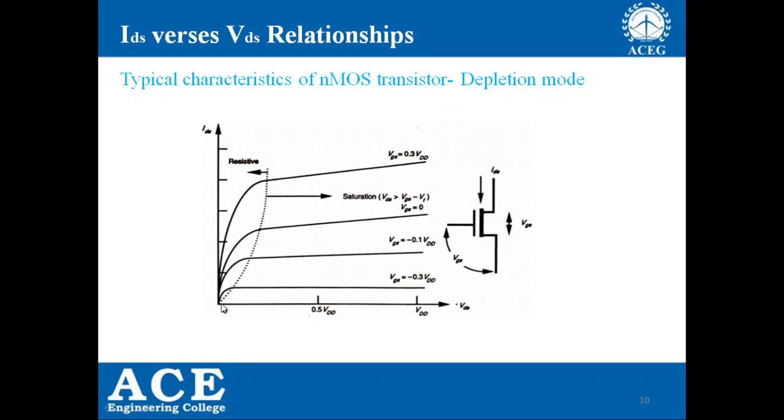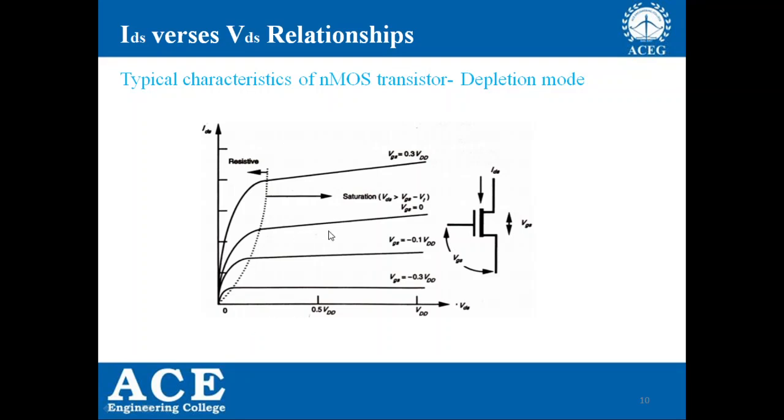Whenever this VDS is a small value, this current increases with the increment of VDS, but just when VDS equals VGS minus VT, this current IDS will become constant here, as we can see.